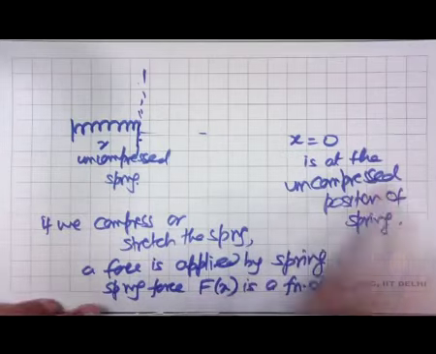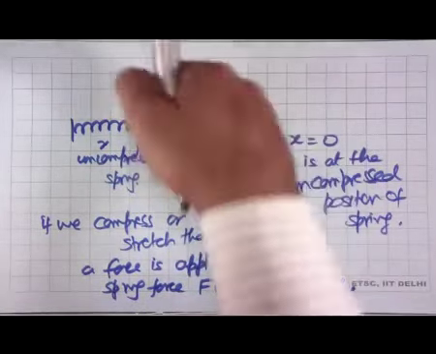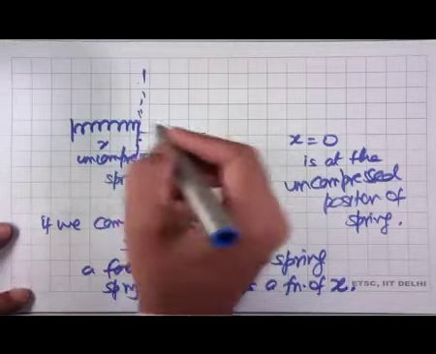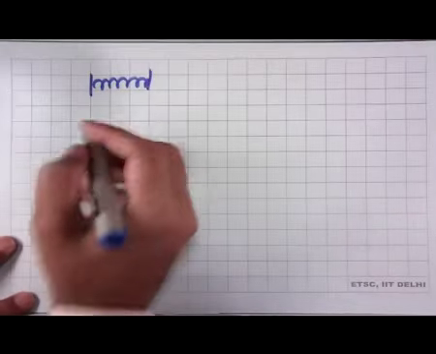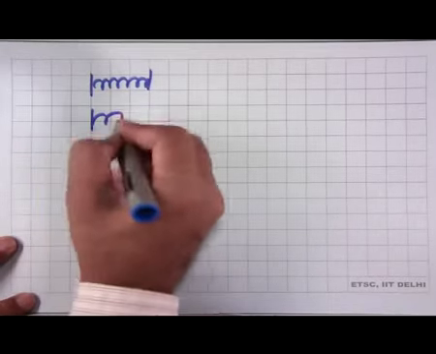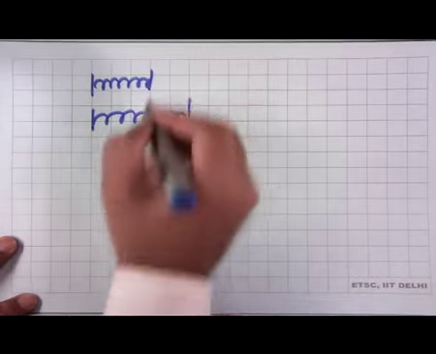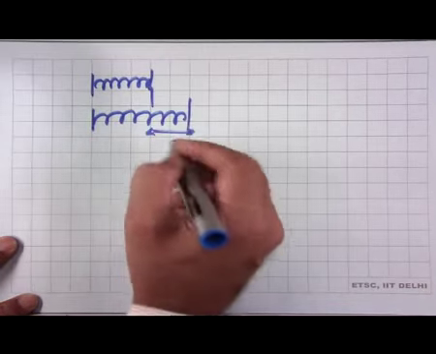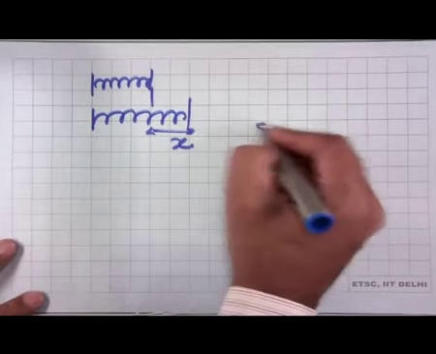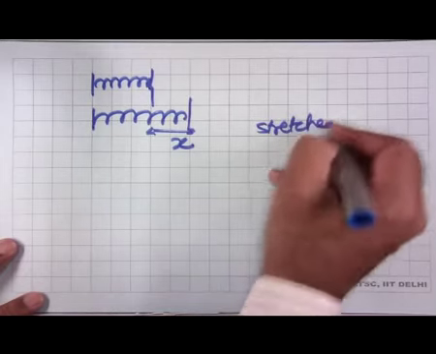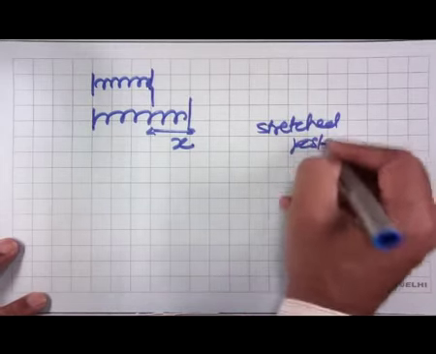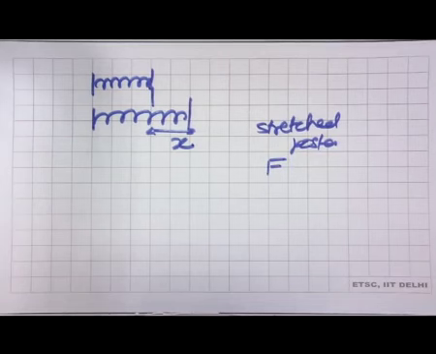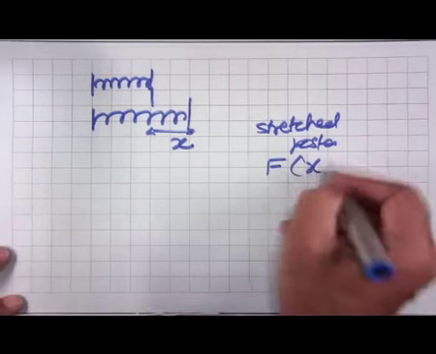So, when x is 0, there is no force of the spring. Let me draw this again. So, this was the spring, this is uncompressed. If I stretch the spring, that means this is the x, the stretched position, and the force which the spring applies is a function of x.